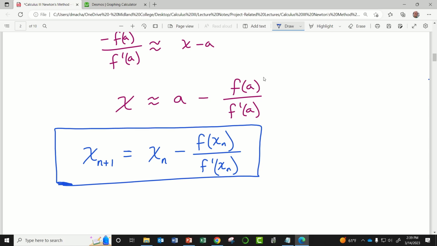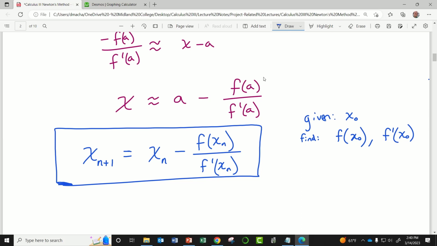So the way Newton's method works is you are given x0. Then the first thing you're going to find is what is f of x0. And you're going to find what is f prime at the point x0. And then I would have x0 minus f of x0 divided by f prime of x0.